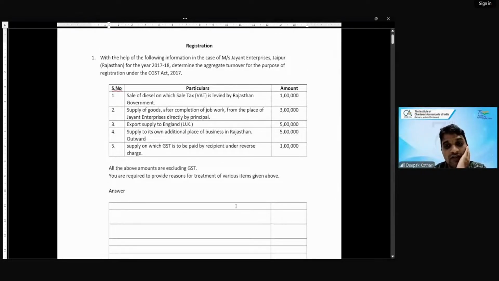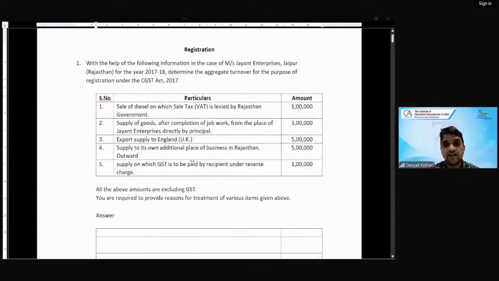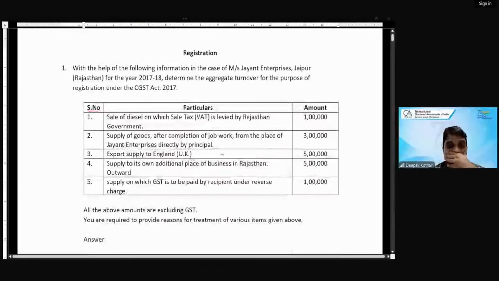The question is to determine the aggregate turnover for the purpose of registration under the GST.